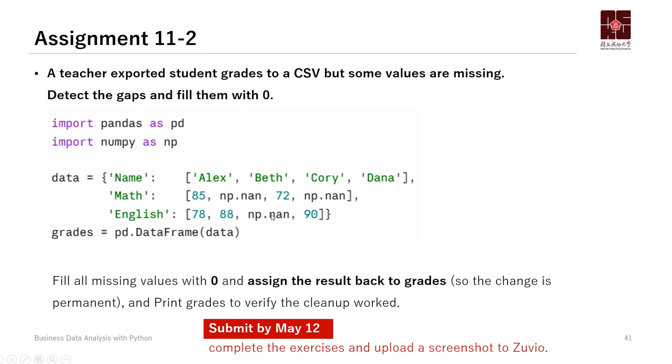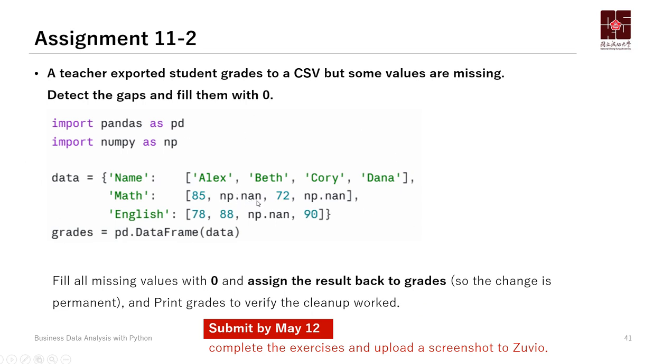So we try to deal with that. Then we needed to fill all missing values with 0, assign the result back to grades, and print the grades to verify the cleanup work. Okay, so we needed to finish this.